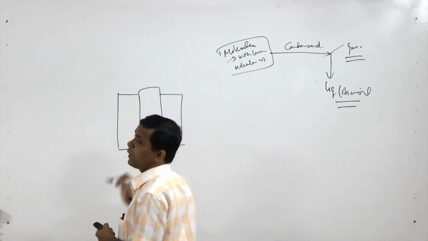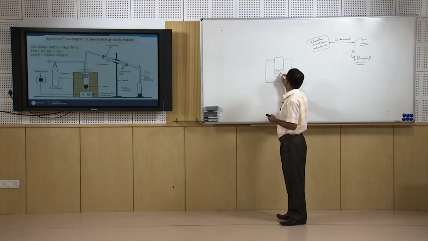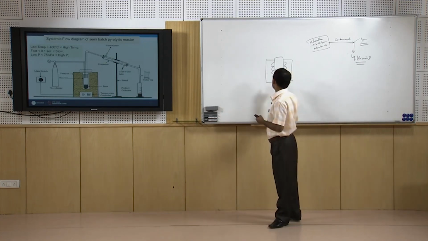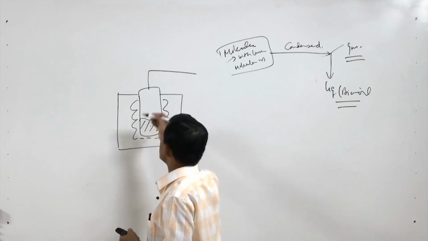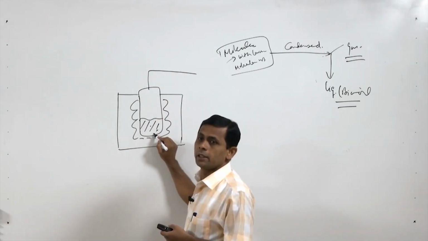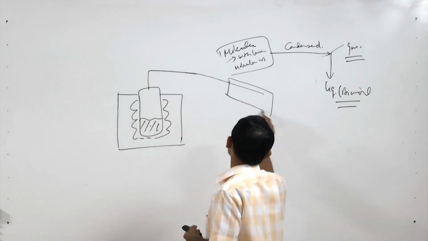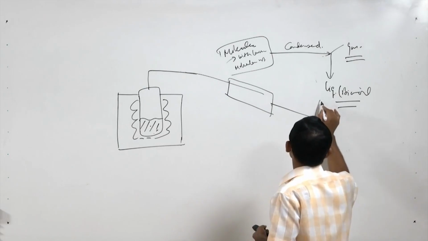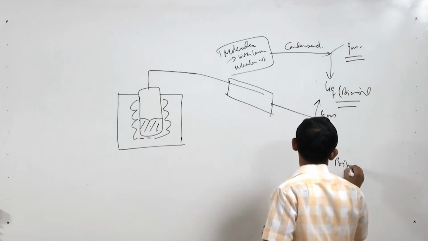This furnace will apply heat, we will put some material here, and we are heating it by coil. When we raise the temperature, the vapor will go, the char will remain inside, and the vapor and gas will go, so we will condense it in the condenser. We will get the liquid from this and we will get gas from the top.